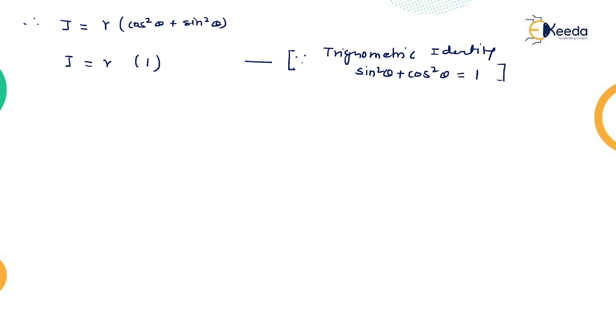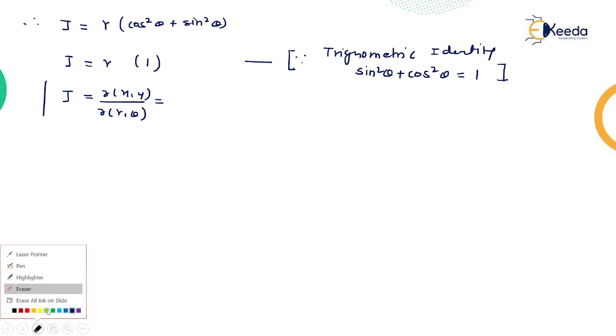We have to apply this identity in this Jacobian. So you will get the value of the Jacobian, ∂(x,y)/∂(r,theta), that is equal to, what is that? Your answer here is 1. Your answer is equal to r into 1. So that's why I am writing here the Jacobian is equal to only r.